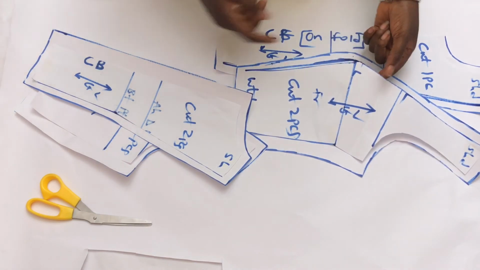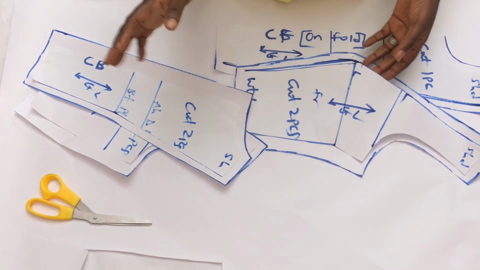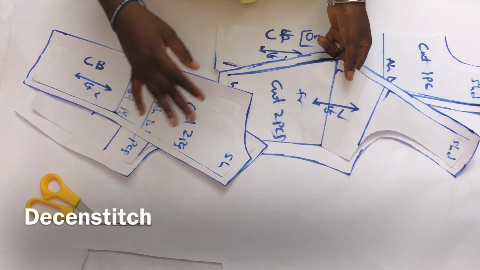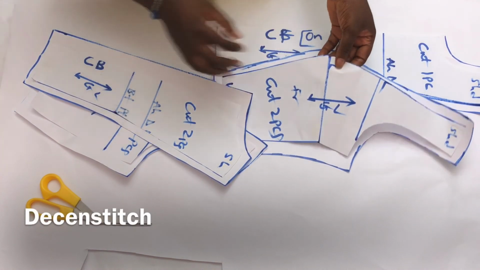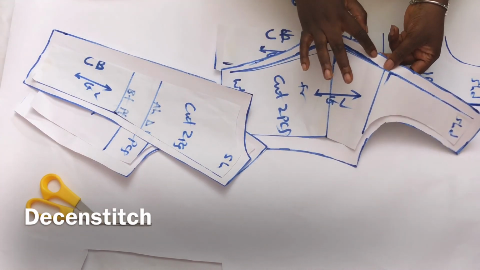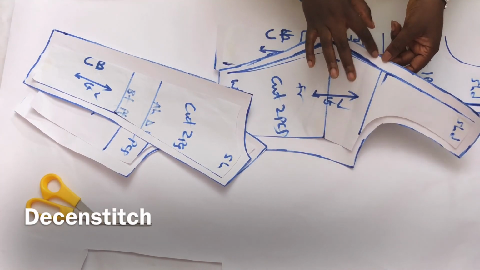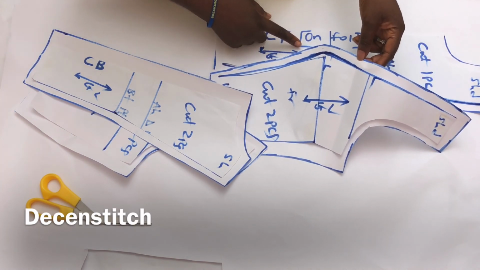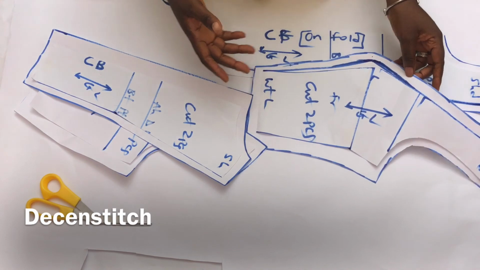Plus, you can always use the sloper to create any other bustier design you want. I'll be using this sloper in any of my bustier videos, but this one is a pattern. I won't be using this for any other design because it already has seam allowances.